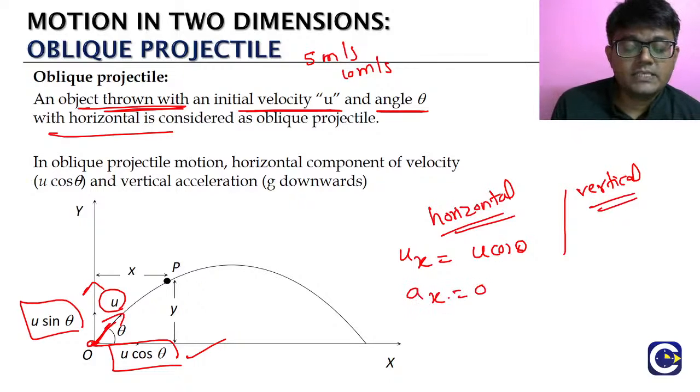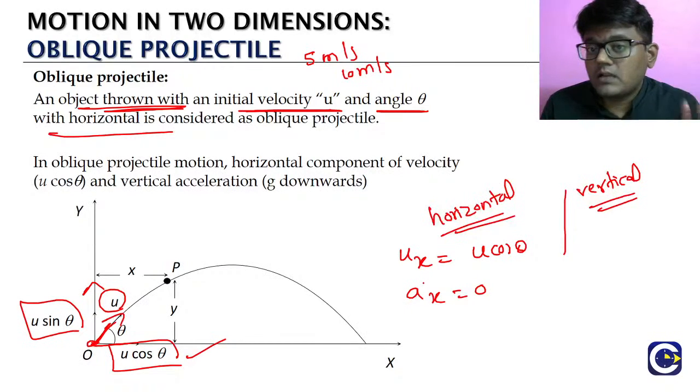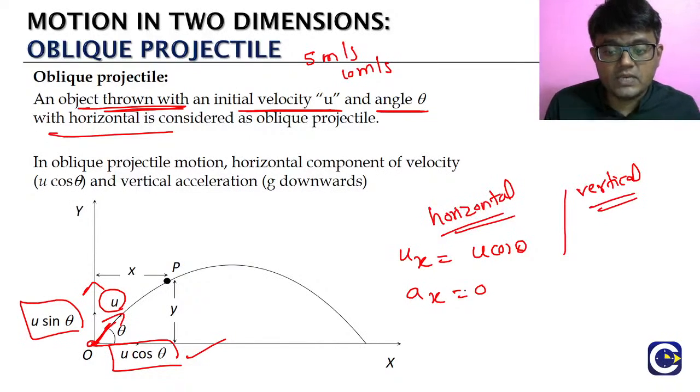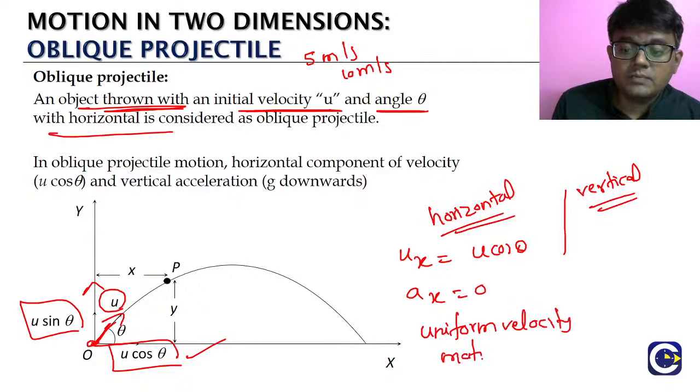In the horizontal direction the acceleration is zero, because the projectile is moving under the influence of gravity. It will only have acceleration due to gravity g downwards. In the horizontal direction it will not have any acceleration, which means it is like uniform velocity motion.